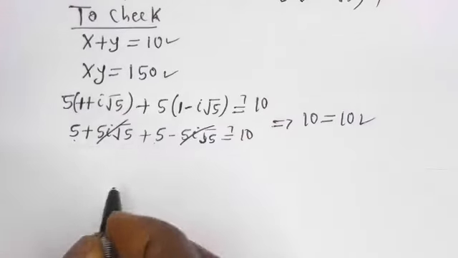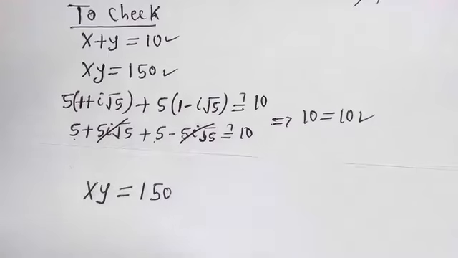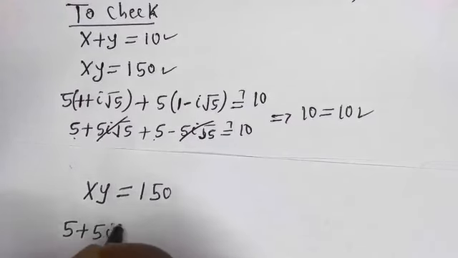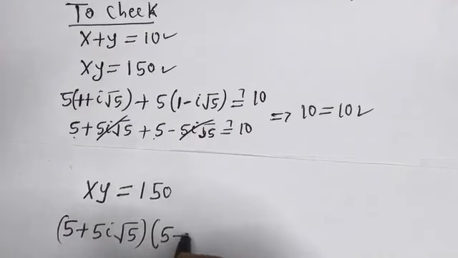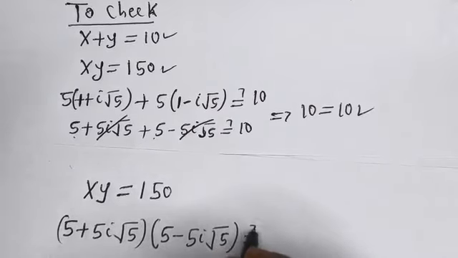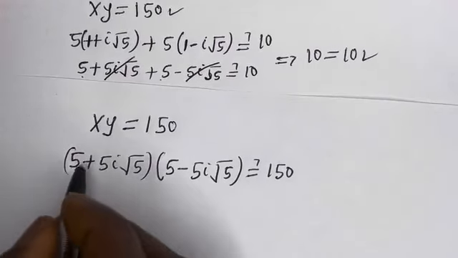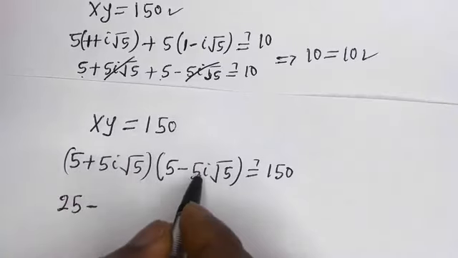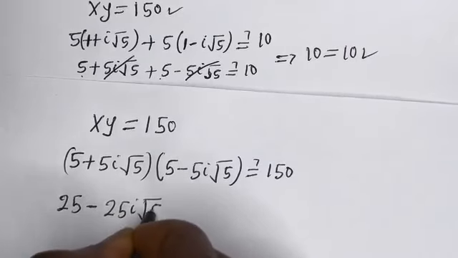Now let us consider this. sy is equal to 150. Then we have (5 plus 5i root 5) multiplied by (5 minus 5i square root of 5) must be equal to 150. 5 times 5, this is 25, minus 5 times 5i root 5, that is 25i root 5.